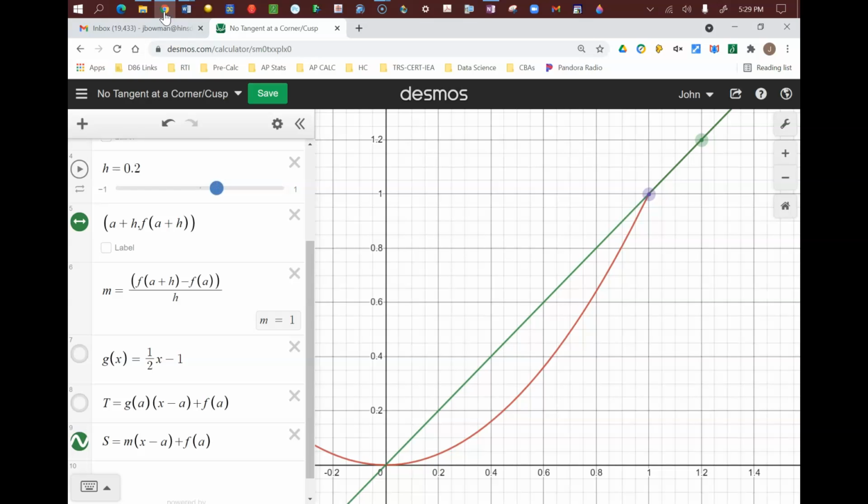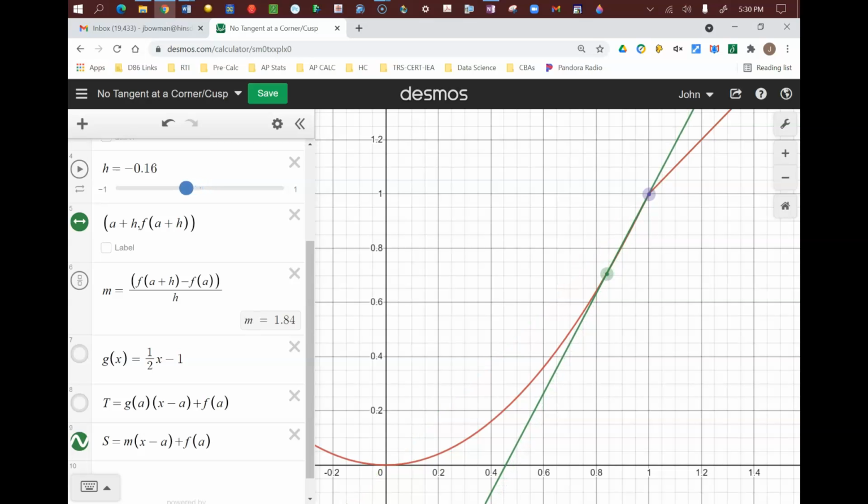And now we're going to experiment as we move h towards 0, but h is positive. So in other words, this is the right-hand derivative. If you see right here, about the middle of my screen on the left, it says that the slope, f of a plus h minus f of a over h, as h is getting very close to 0 but it's positive, the slope is equal to 1.